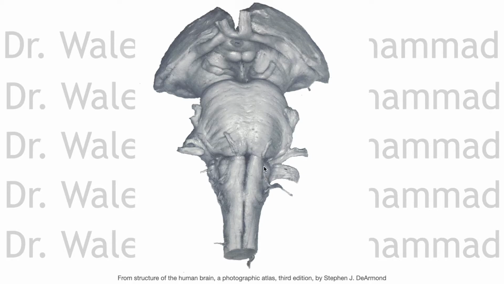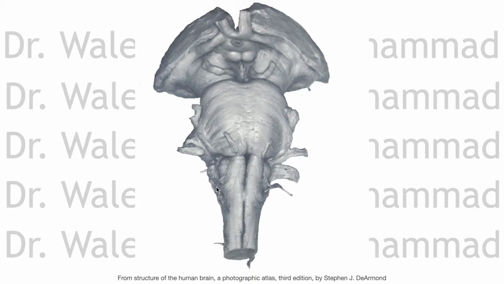And then comes the anterolateral sulcus with the rootlets of the hypoglossal nerve emerging, and then the olive, which underneath has the inferior olivary nucleus, and behind the olive we have nerves 9, 10, 11. That's glossopharyngeal, vagus, and cranial accessory nerves.